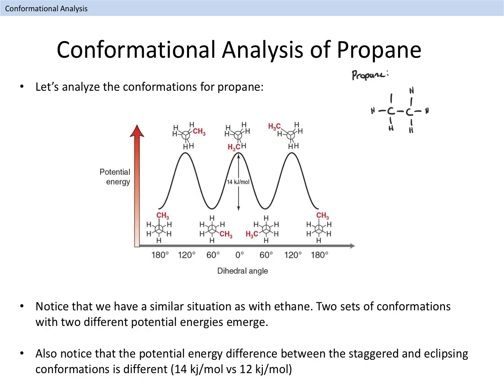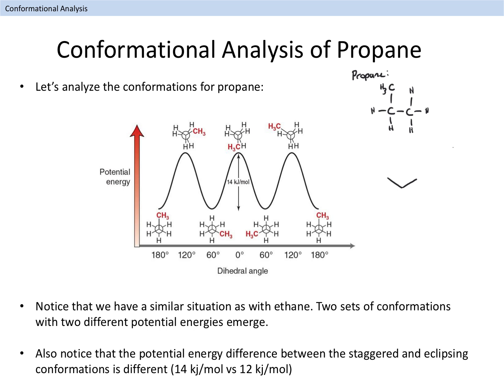When we replace a hydrogen atom on ethane with a methyl group, the compound becomes propane. Let's look at propane's line bond structure to see how it can be transformed into a Newman projection for conformational analysis.